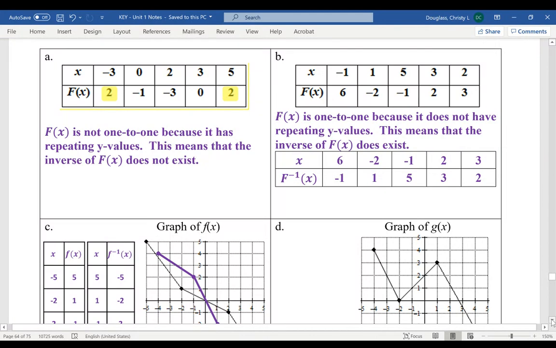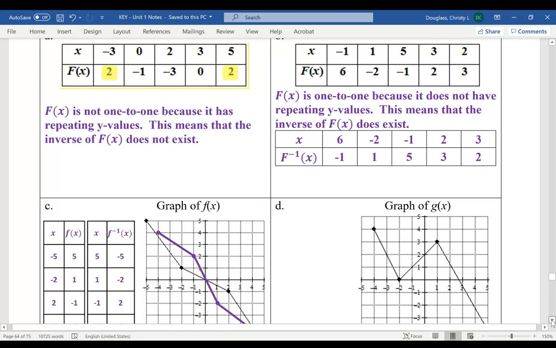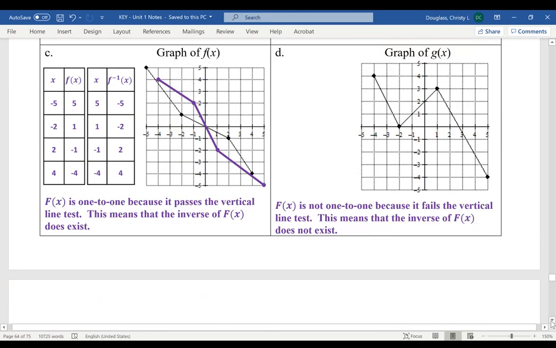In the next two examples, we'll look at inverses graphically speaking. In example C, I have a graph. The original graph passes the horizontal line test. If I draw any horizontal line, it will never intersect f of x more than once. So I know that I am able to find the inverse of f of x.